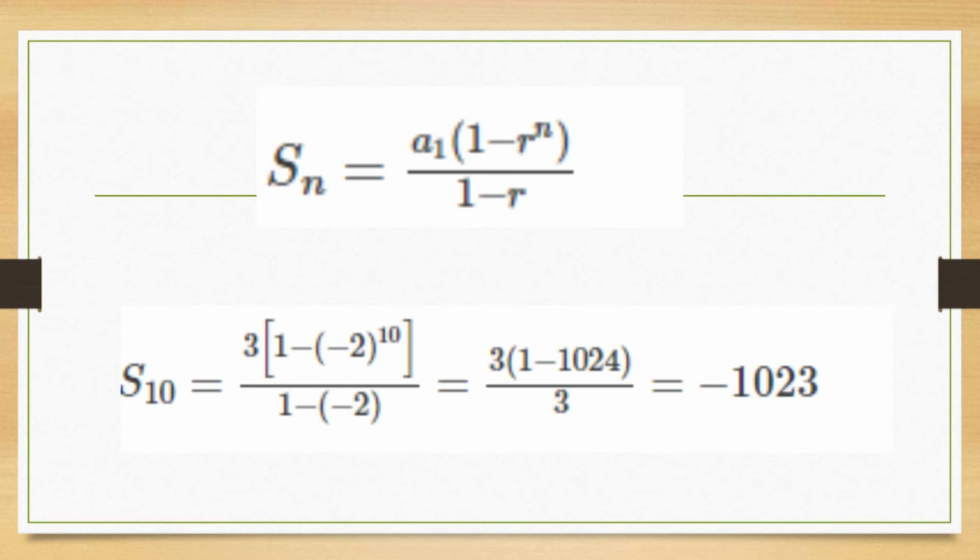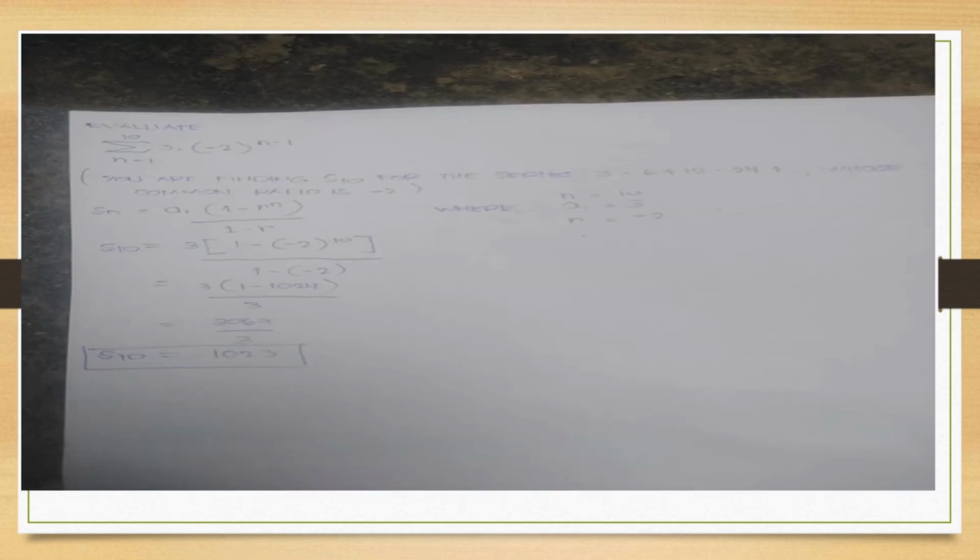S of 10 is equal to 3 times the quantity of 1 minus negative 2 raised to the power of 10, all over 1 minus negative 2, is equal to 3 times the quantity of 1 minus 1024 all over 3, is equal to negative 1023.